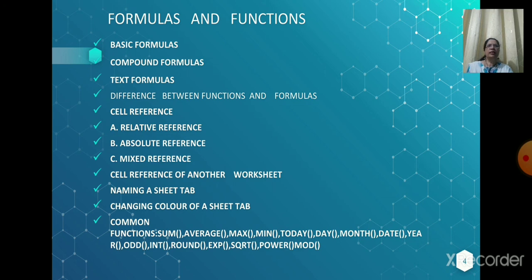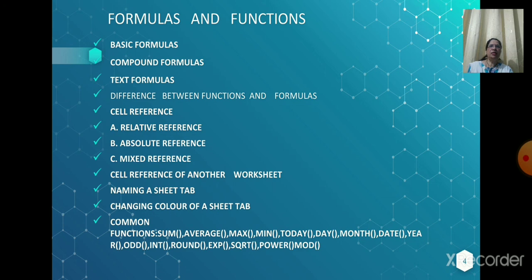Now, next, what are the rules to enter functions? All Excel functions must begin with an equal to sign. The function's name must be a valid Excel name, for example SUM, AVERAGE, and the function name must be followed by opening and closing parentheses, right. An example is equal to SUM, bracket and the range of the cells. A cell reference to another worksheet can be done in two ways, using the copy paste option or using a sheet reference.